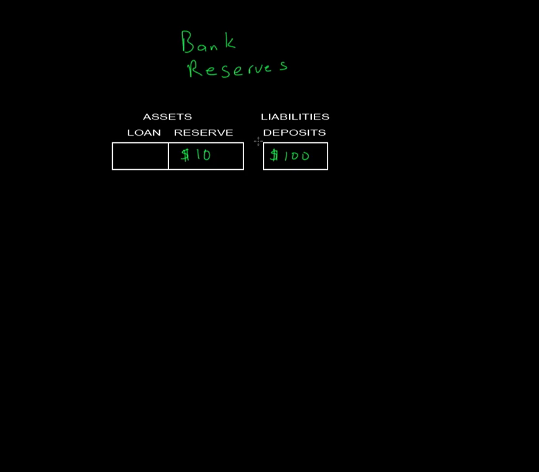Why is it held in reserve? Well, we're just talking about little old me in this bank, but let's say there are thousands of accounts, and I'm not going to take 100% of my money out of the bank each and every day, and neither are these thousands of accounts. So if you have 10% in reserve, then you have enough to cover the normal fluctuations of checks and deposits and withdrawals in order to handle the thousands and thousands of accounts that a bank has.